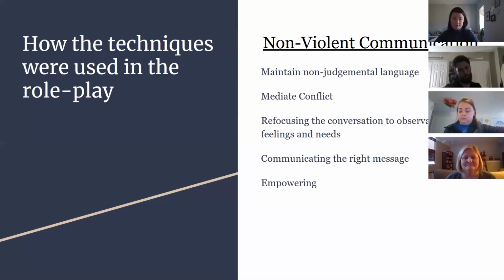The conflict was really heated, so this was important for slowing down the process, and refocusing the conversation to those observations, feelings, and needs, as nonviolent communication does.